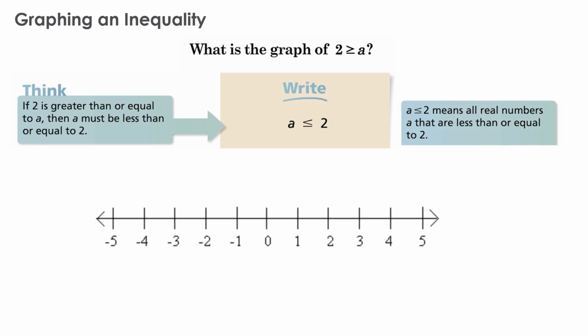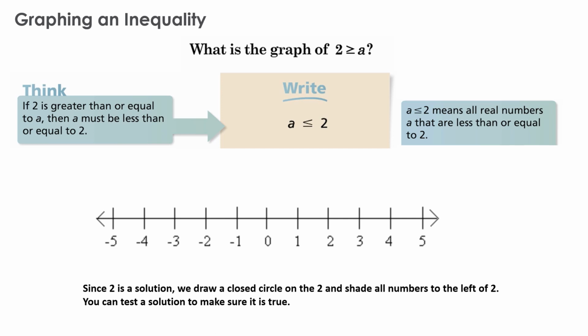So all this means is you're taking 2, right? 2 is going to be your solution. We're going to draw a closed circle, and this is where you want to keep in mind, the line underneath the symbol tells you that it's included. So we're going to include the 2.